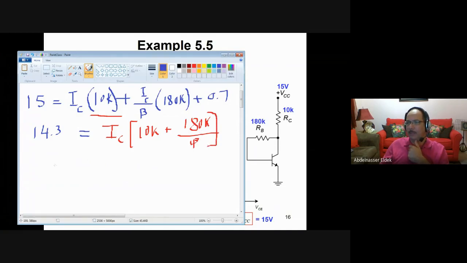Now you can find IC. IC equals 14.3 volt divided by 10K plus 180K over beta.